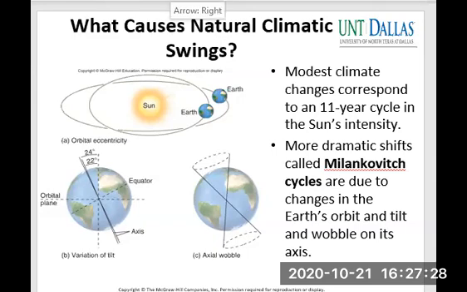These cycles cause variations in the intensity of incoming solar energy at different latitudes, and in the intensity of summer heating or winter cooling.